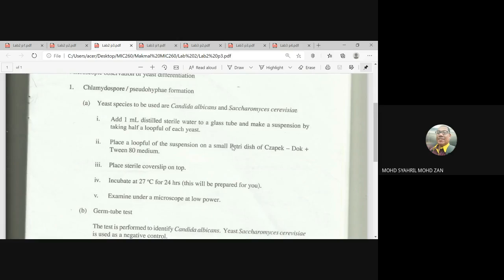Lepas tu kita letak dalam cecair air yang kita letak dalam slide tu. Lepas tu awak letak cover slip. So konsep dia sama macam bakteria juga. Okay, ambil kita punya koloni sedikit. Okay, letak sedikit air atas kita punya slide. Lepas tu kita ambil koloni dalam loop tu. Lepas tu kita letak atas cecair tu. Sterile water tu. Lepas tu kita letak cover slip. Sama je konsep dia. Okay.